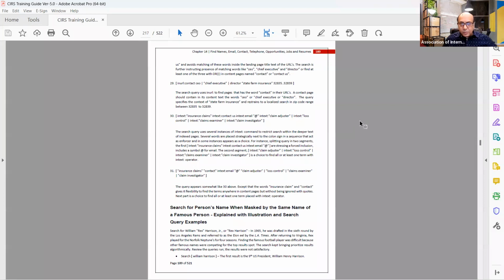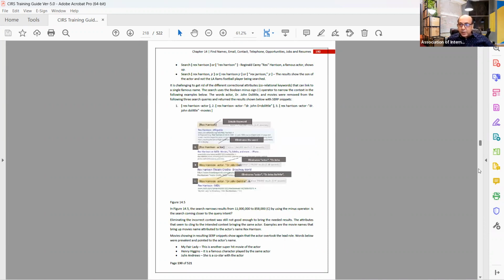If you look into page 189 of the book, you will find a heading at the bottom that says search for a person's name when masked by the same name of a famous person. There's a query example, and this pretty much covers the entire situation.